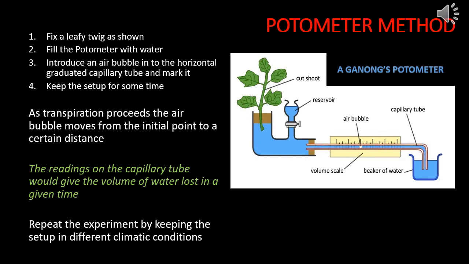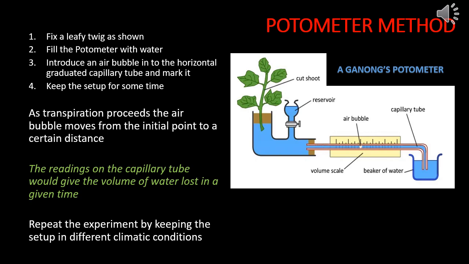As transpiration proceeds, the air bubble moves from the initial point to a certain distance. Note the distance by which the air bubble moves. The distance indicates the amount of water lost from the plant. Thus, the reading on the capillary tube would give the volume of water lost in a given time.